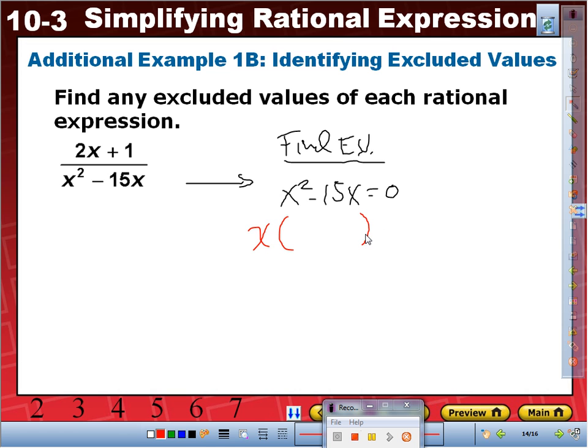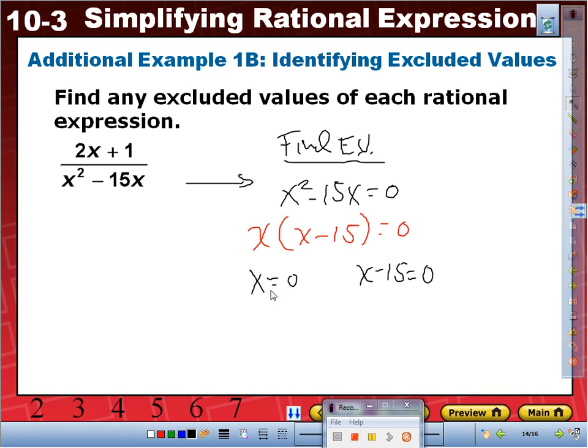What do we have left? x minus 15. Set each factor equal to 0. So we got x equal to 0 and x minus 15 equal to 0. Is that correct? This times this is equal to 0, so we set each one equal to 0.